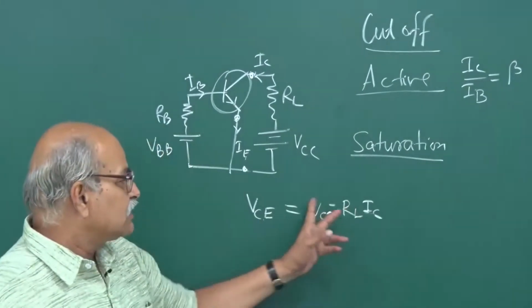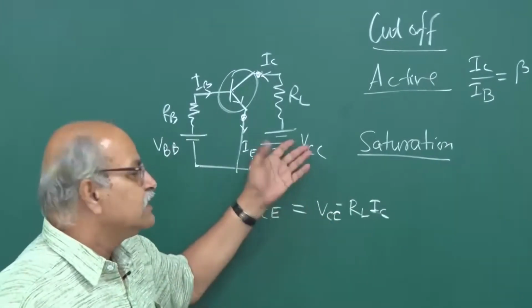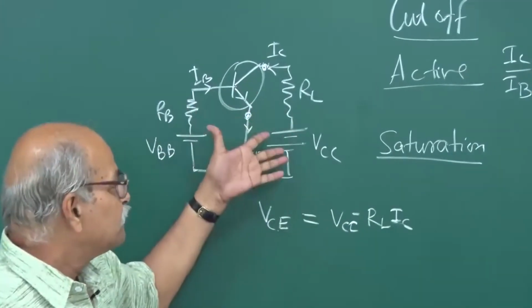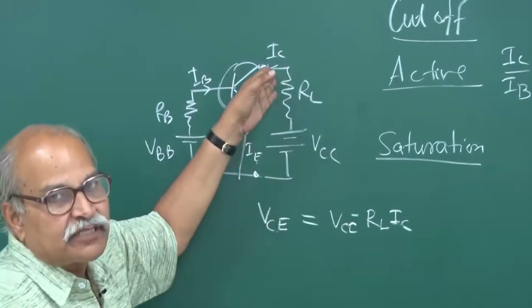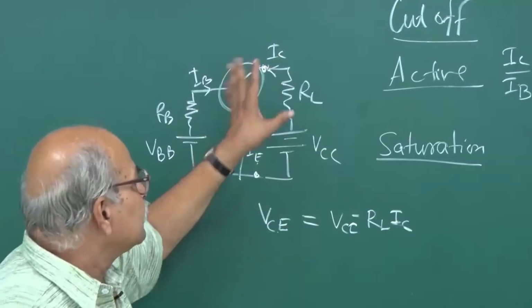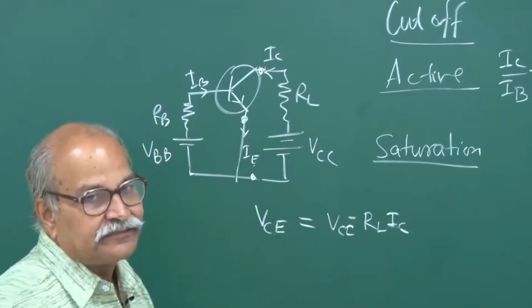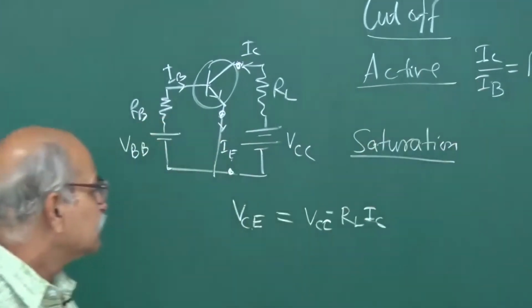This quantity is small, it's VCC, and VCC is good. Let us say 2 volts we have put, and if this IC is very small, this will still be reverse biased, and it will collect the electrons, and this condition will be satisfied.